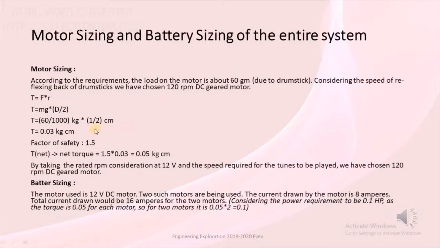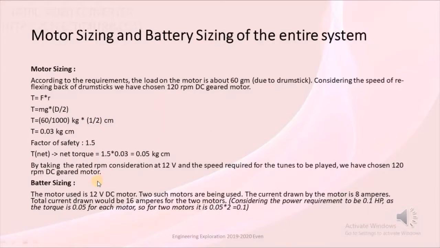The total torque calculated is 0.03 kg centimeter. Considering a factor of safety of 1.5 and multiplying that, we get the net torque as 0.05 kg centimeter. According to the table and the requirements, we have chosen a 120 RPM DC geared motor. So this was the calculation.